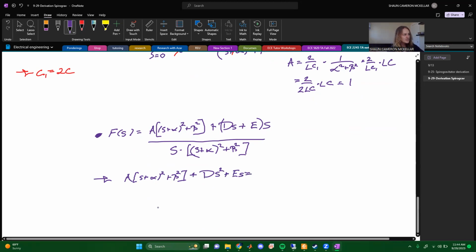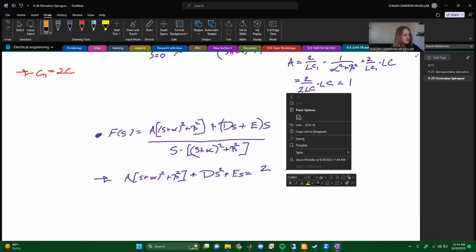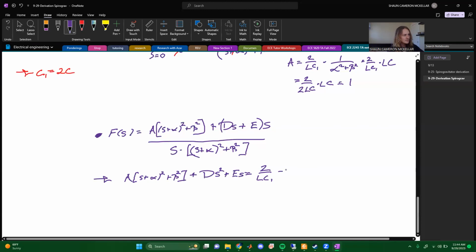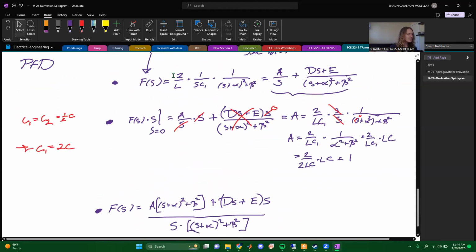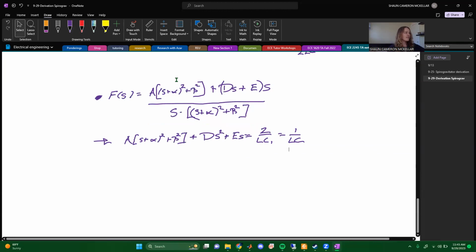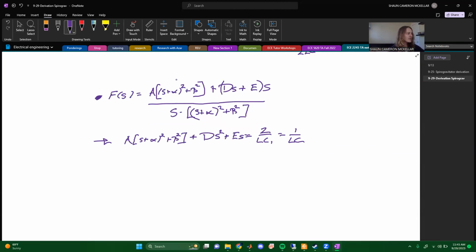That's just going to be equal to 2 over LC1, which is equal to 1 over LC. I think I did that right. Yeah. Okay, so we've already mentioned that A is just 1, so let's just pen that in right here.